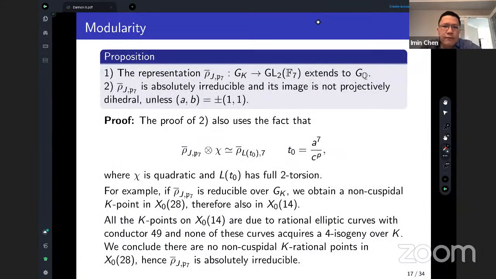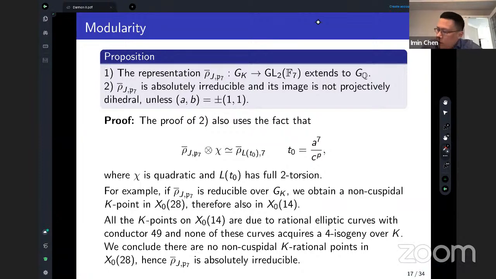But let me just say a few words about the proof of absolute irreducibility and not being projectively dihedral, since those were conditions that were used in proving modularity of J. It's another illustration of how we use this relation between the mod 7 representation of J and the mod 7 representation of the Legendre curve.